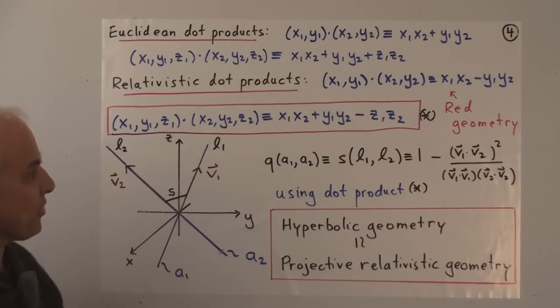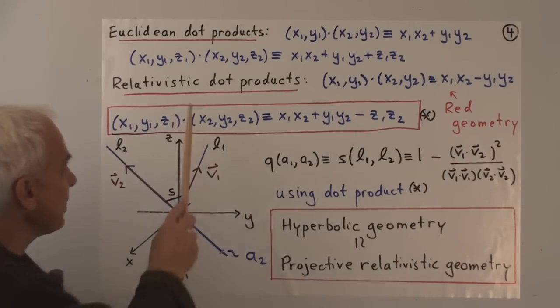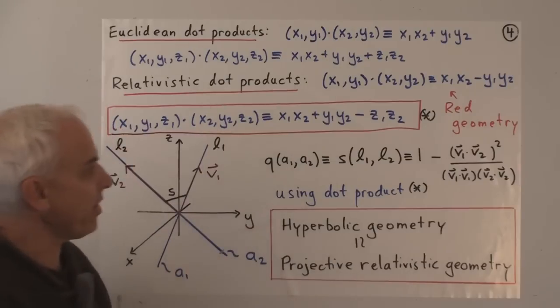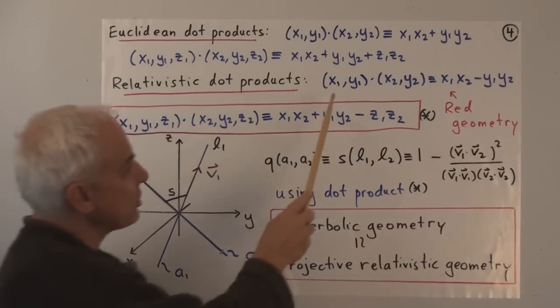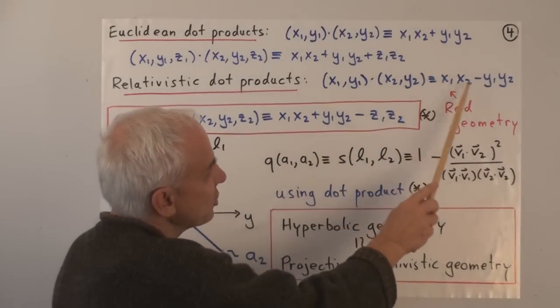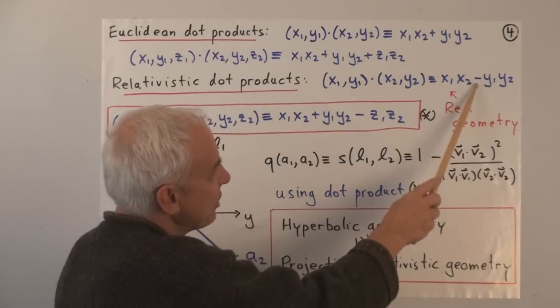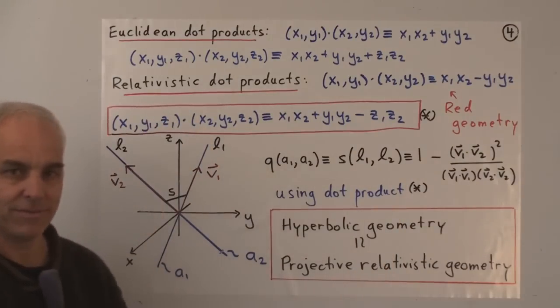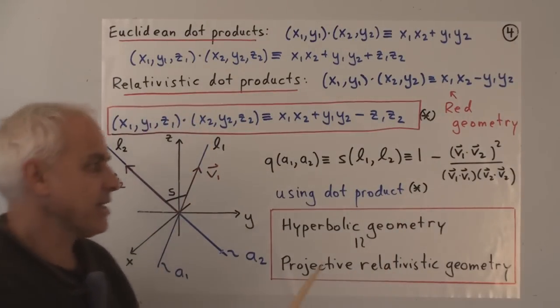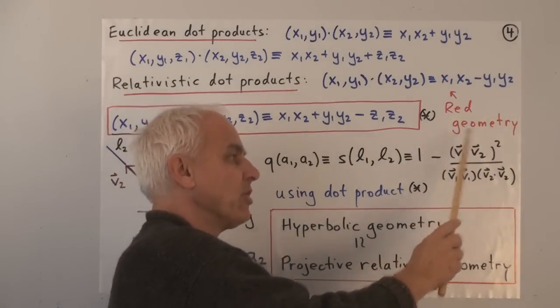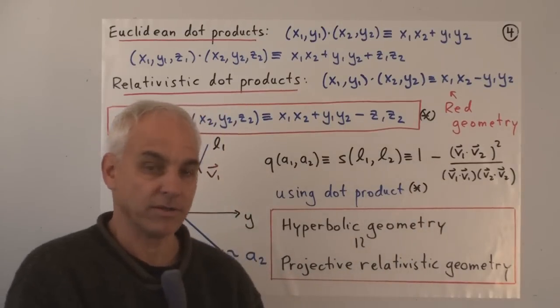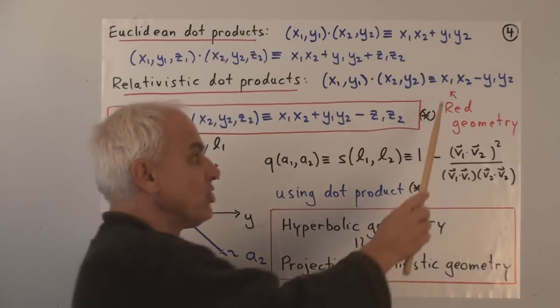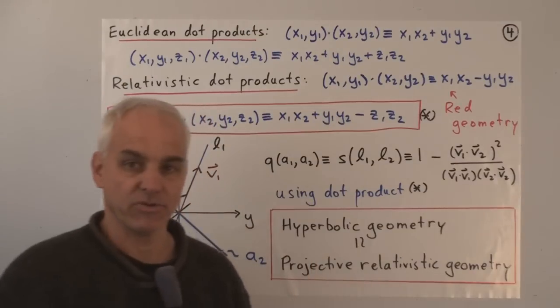But there are also other kinds of dot products. For example, relativistic dot products. In 2 dimensions, where you just modify this definition by changing this plus sign to a minus sign. So as I mentioned a little bit in my rational trigonometry series, WildTrig, this leads to a geometry which I call red geometry.